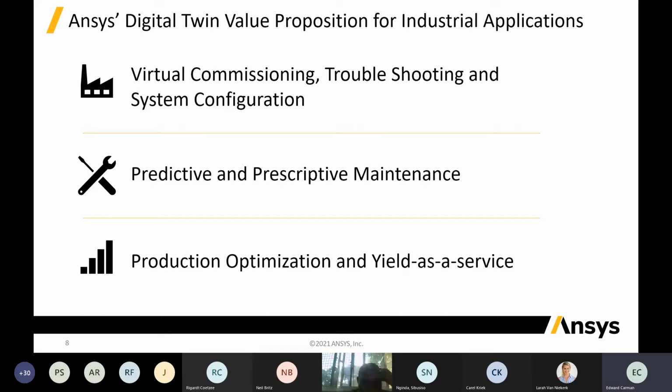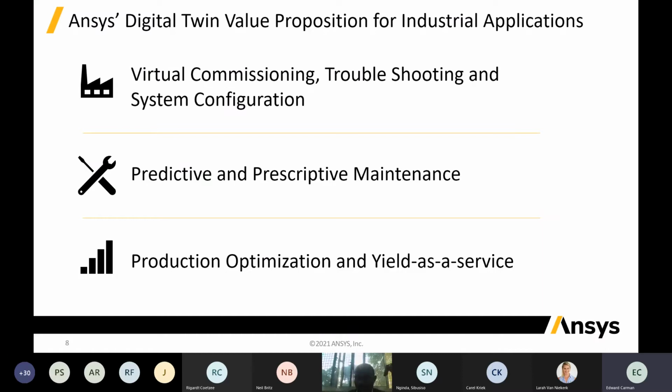We're also looking at the big one, which is predictive and prescriptive maintenance, using our simulation models to predict things like degradation or wear, using a stress model to predict the fatigue damage, which predicts the remaining useful life on our hydraulic turbine operating under its specific operating conditions, which may be different from the same turbine operating under a different load cycle or in a different region.